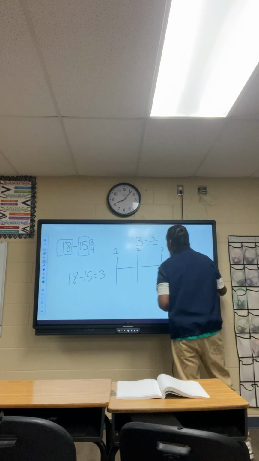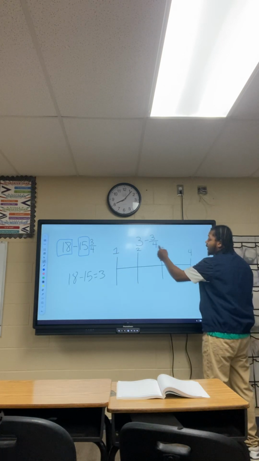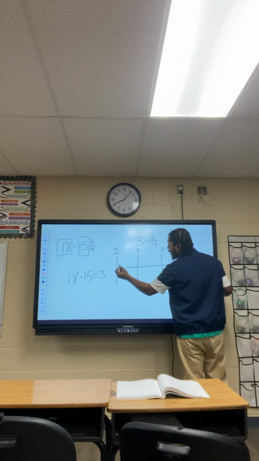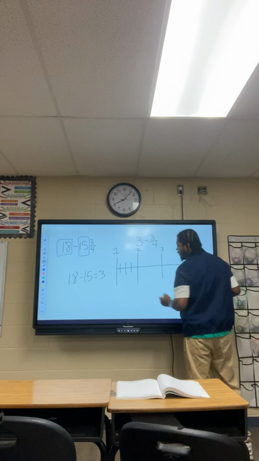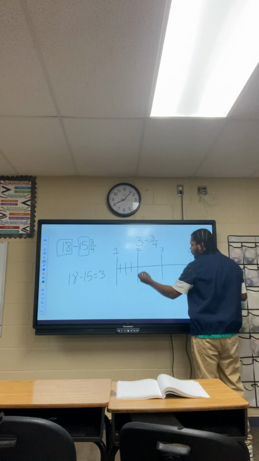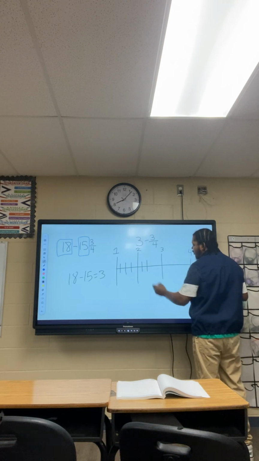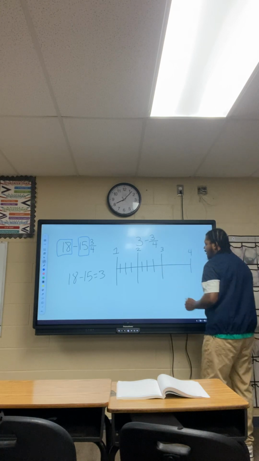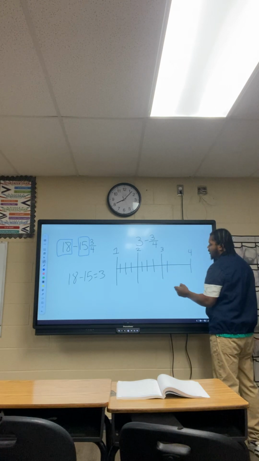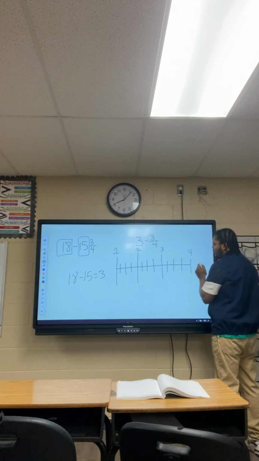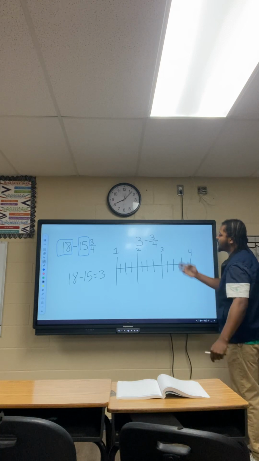We have to separate each of these by fourths. So we would say 1 1/4, 1 2/4, 1 3/4, 2 1/4, 2 2/4, 2 3/4, 3 1/4, 3 2/4, 3 3/4, 4. So this is separated into fourths.